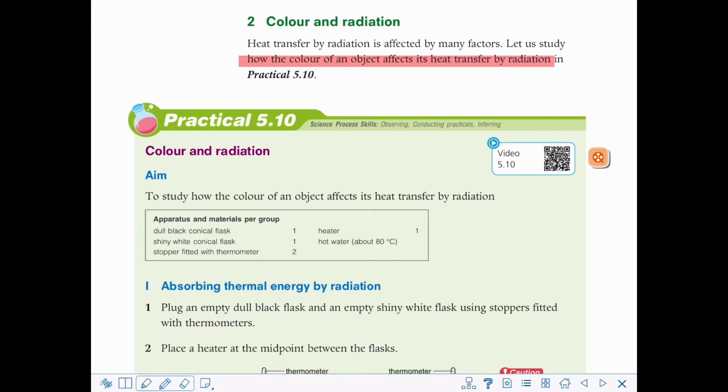Let us study how the color of an object affects its heat transfer by radiation in practical 5.10. Have a look at the aim of this practical. To study how the color of an object affects its heat transfer by radiation. Let's have a look at the video demonstration first.